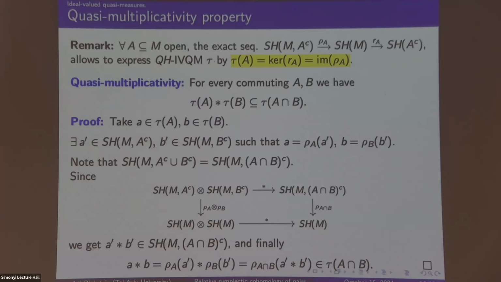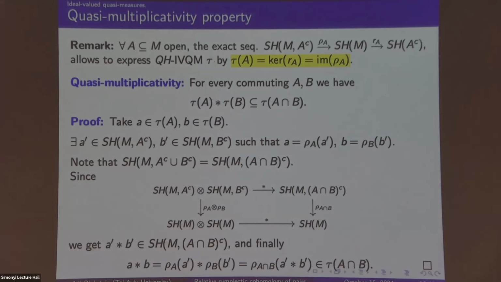And thus we get that the product of A and B, which is the product of the images of A prime and B prime, equals, using our commuting square, the image of the product of A prime with B prime.